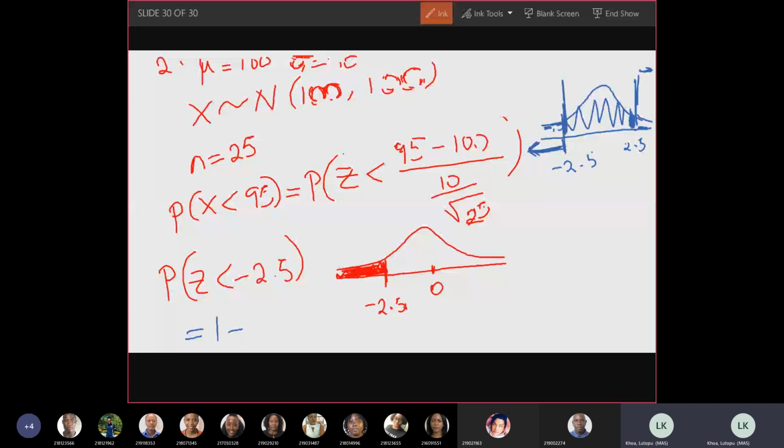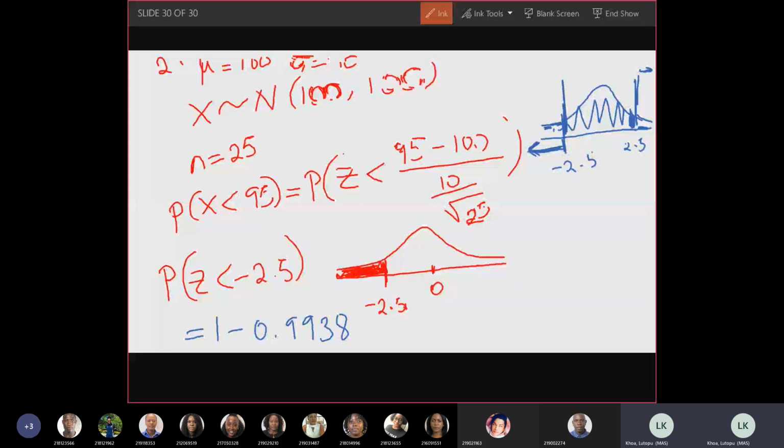And this is equal to 0.00. Is it 00? My calculator can only give me fractions. 62.